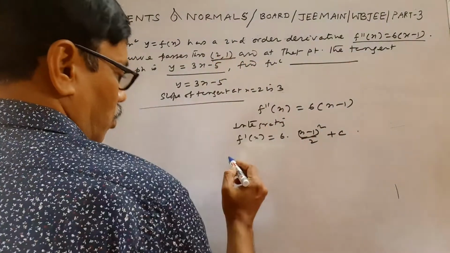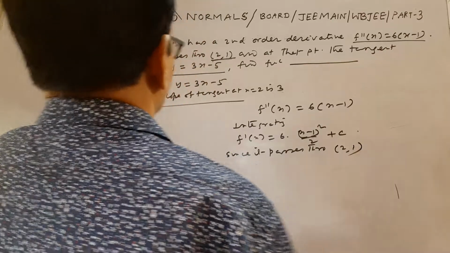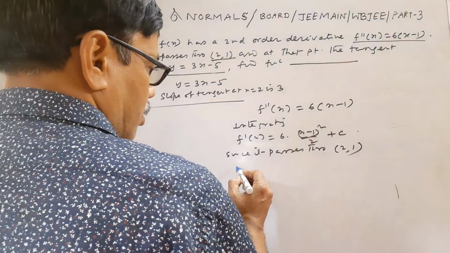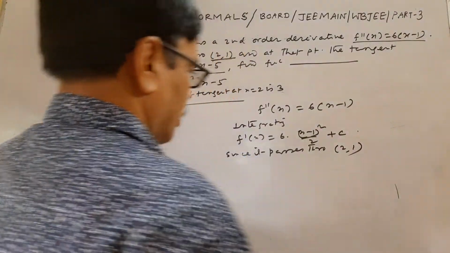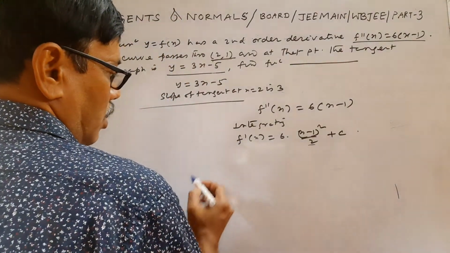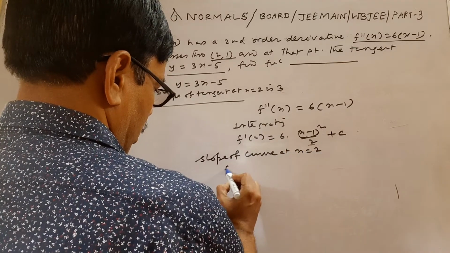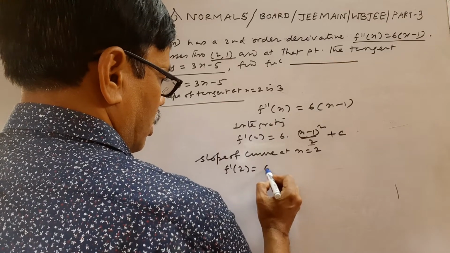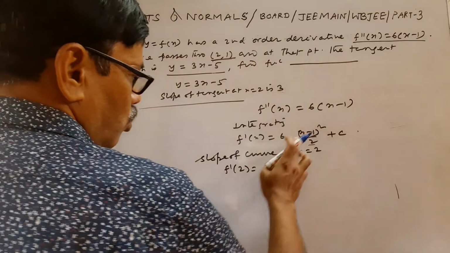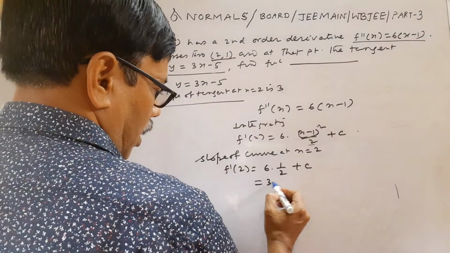Now, it passes through (2, 1), and the tangent at (2, 1) is the same. The slope of the curve at x equals 2 is f dash 2, which is 6 into (2 minus 1) whole square by 2, plus c, equals 3 plus c.